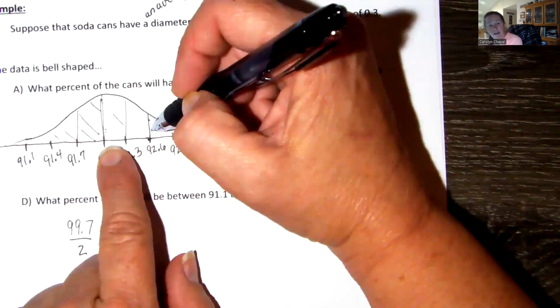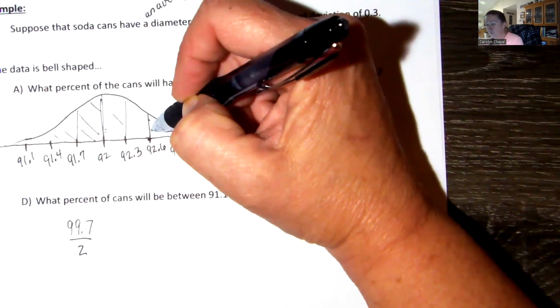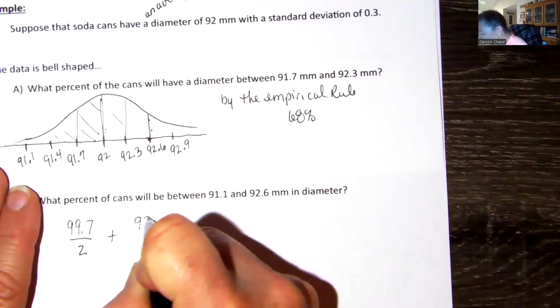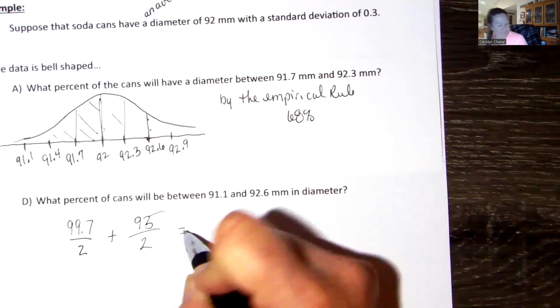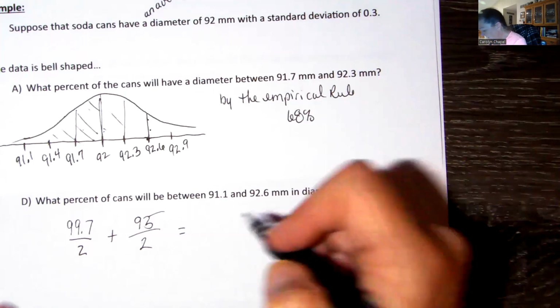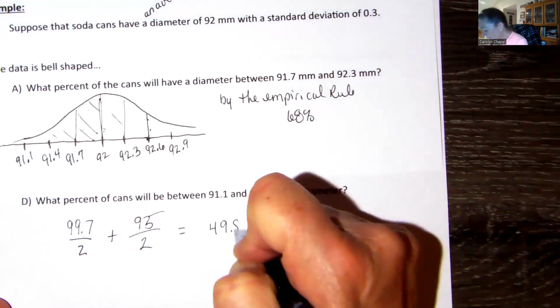But I still need to go all the way to 92.6, which is half of the 2 up and 2 down. So half of the 95. So I'm going to go 99.7, divide that by 2. That gives me the 49.85.